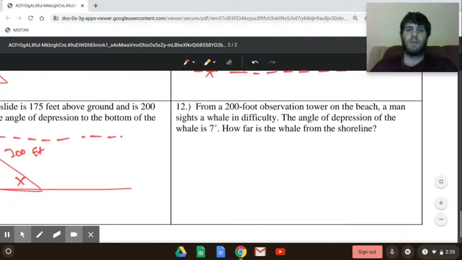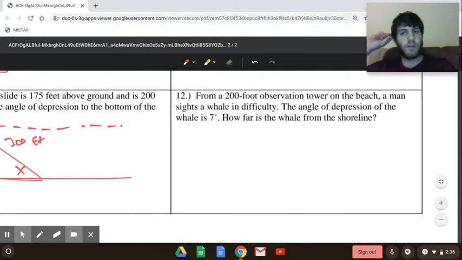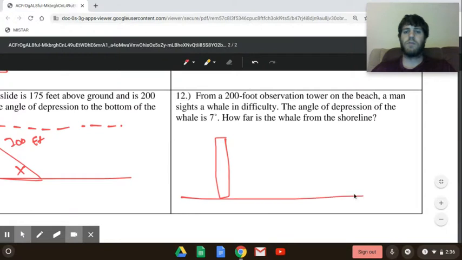All right, number 12, from a 200-foot observation tower on a beach. So here's your observation tower on a beach. A man sights a whale in difficulty. The angle of depression to the whale. So there's a man up there, right? And then there's a whale.